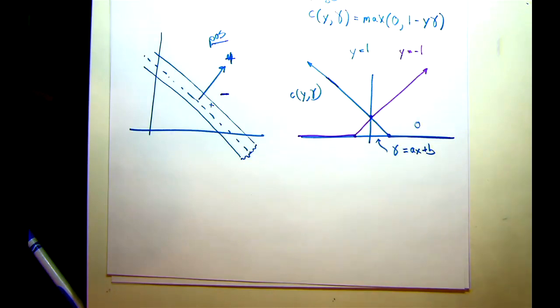There's a couple different ways to view this, and the book talks about a couple different ways. If you go out and read Wikipedia and whatnot, there's a lot of different ways to describe this. The one that I like is, let's assume we have a classifier that correctly classifies everything.